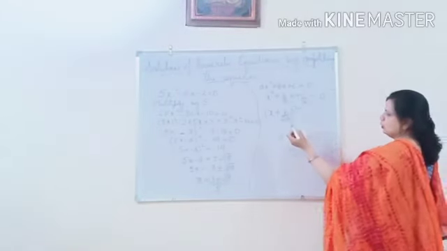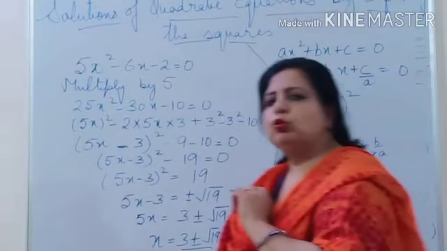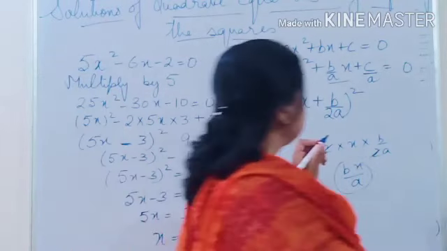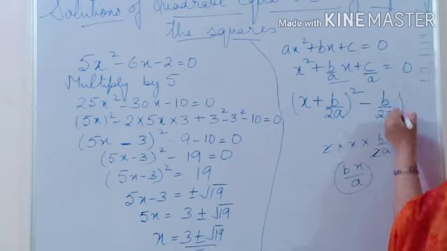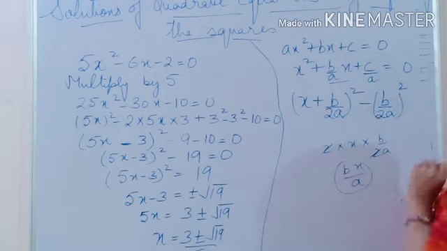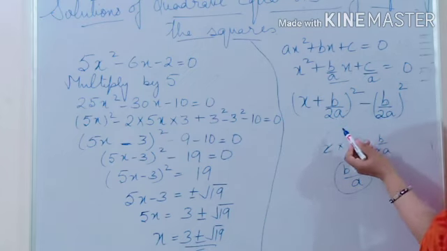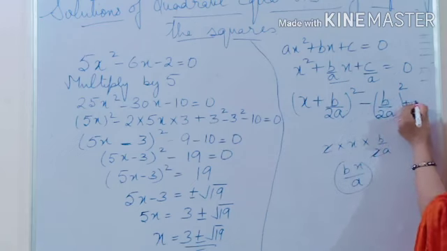So we have this middle term here. Now in order to get the previous equation, we are subtracting b by 2a whole square, because we have an extra plus b by 2a whole square here, the third term. So we have subtracted the same thing, plus c by a equal to 0.